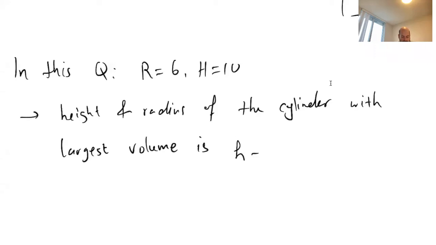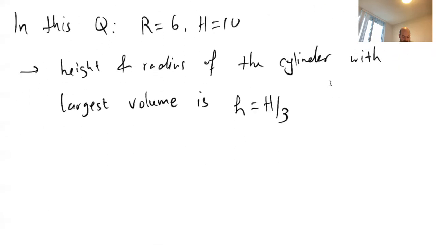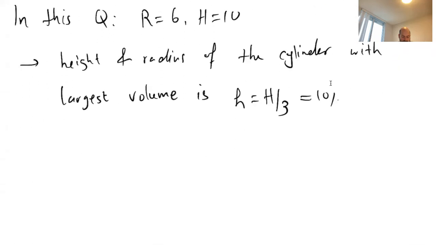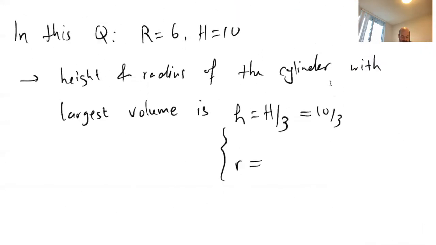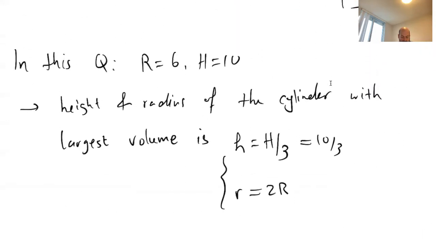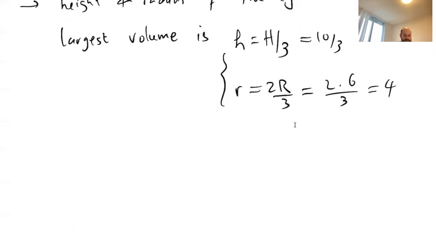Small h was capital H over 3, right? And capital H is 10, so 10 over 3. And small r is 2R over 3. So 2 times 6 over 3, which is 4. Okay, so now let's look at the next example.